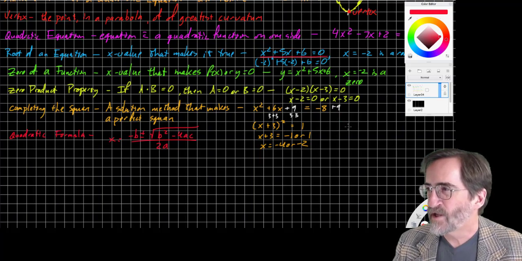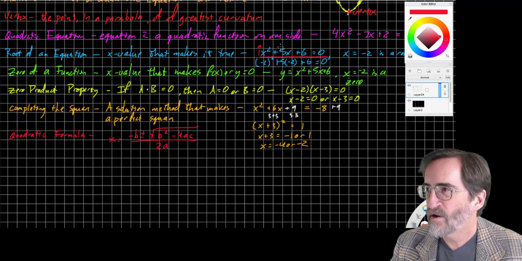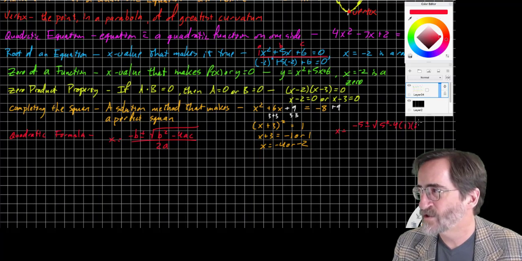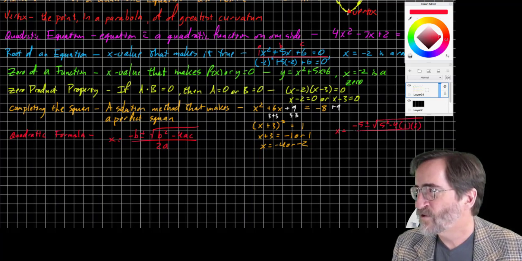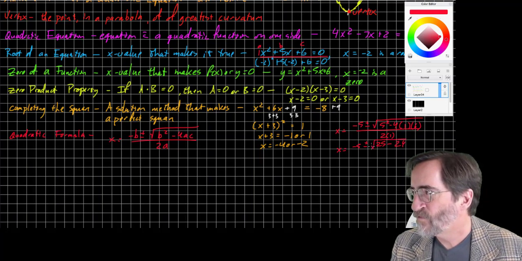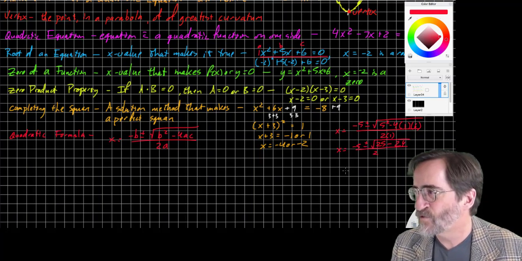Okay, in this case, a is 1, b is 5, c is 6, so x becomes -b, -5, plus or minus square root b squared, 5 squared, minus 4ac, 4 times 1 times 6, all over 2a, 2 times 1. X equals -5 plus or minus 25 minus 4 times 6 is 24, over 2 times 1 is 2.